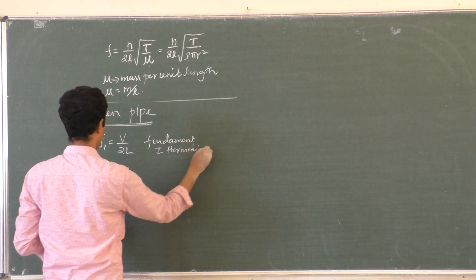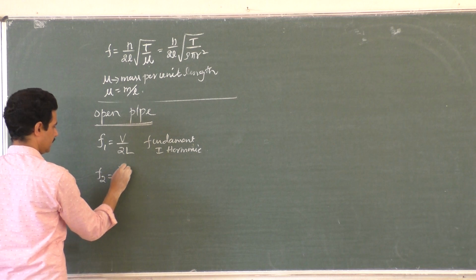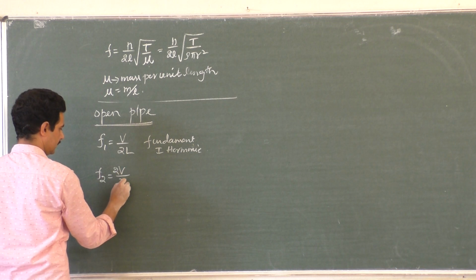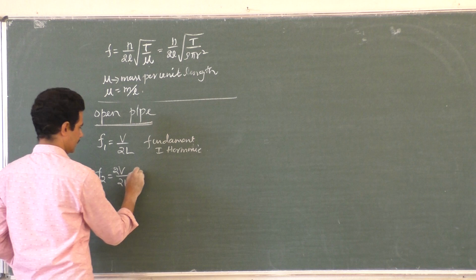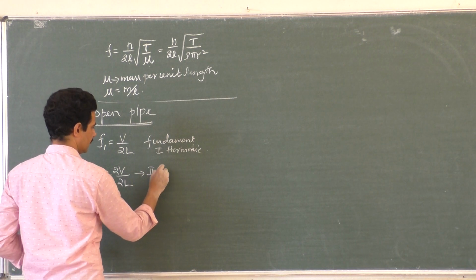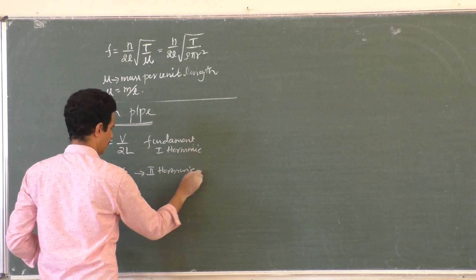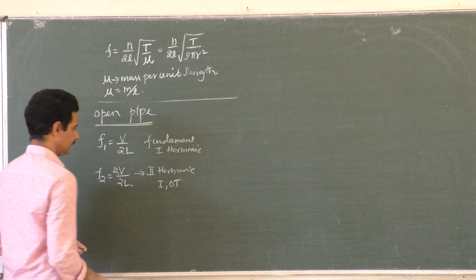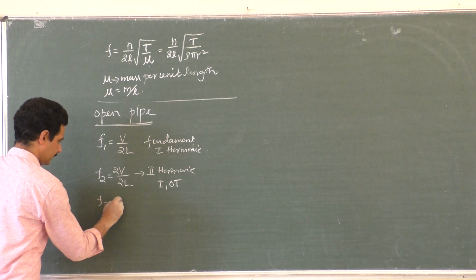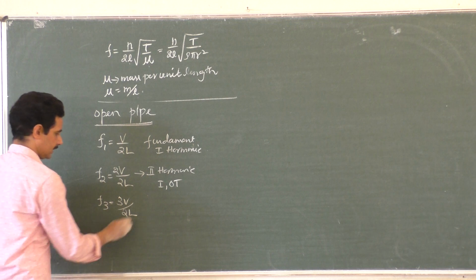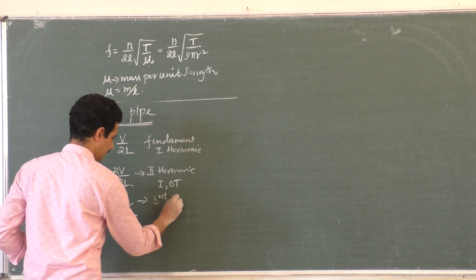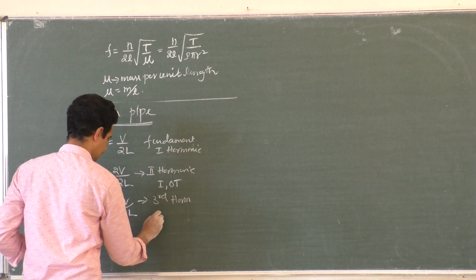Because it is 1 times F1. What is F2? It is 2V by 2L. This is second harmonic or first overtone, correct? Then F3 is 3V by 2L. It is a third harmonic because it is 3 times the fundamental, and this is second overtone.